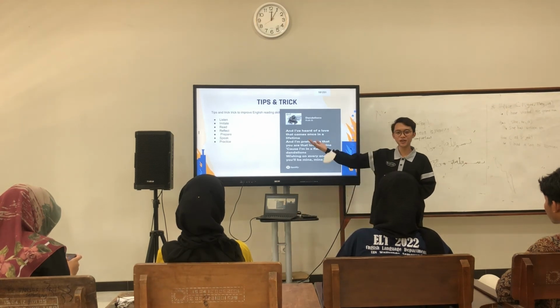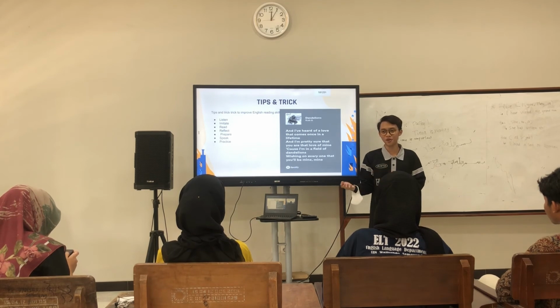And I have tips and tricks. After I studied voice and accent, I have tips and tricks to improve English skills in reading, listening, or speaking. The first is listen, imitate, read, reflect, prepare, speak, and practice.